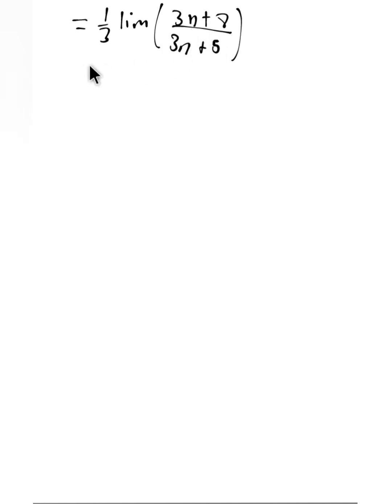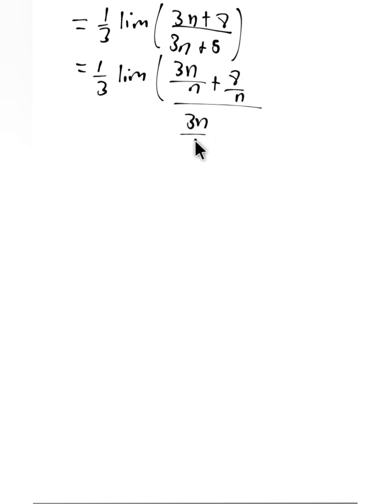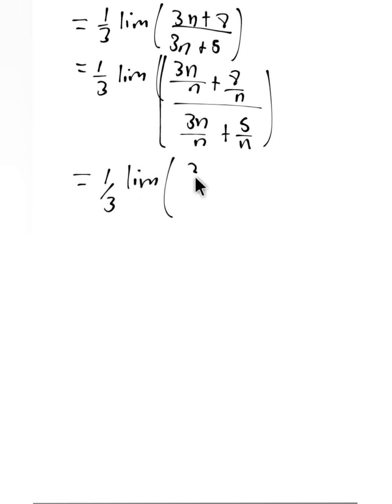The highest power of n is n raised to the power 1, so this gives us 1 over 3, the limit of 3n over n plus 8 over n all over 3n over n plus 5 over n. So this gives us 1 over 3, the limit of 3 plus 8 over n all over 3 plus 5 over n.